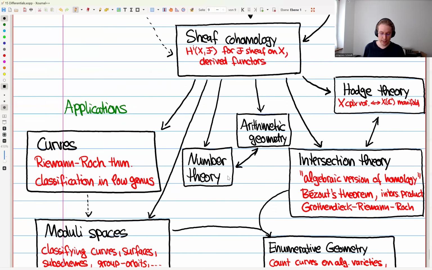And then there are other interesting directions, and I will just sketch a bit of this, which goes in the direction of my own research, maybe. If you are interested more in this differential geometry perspective, then you can consider learning a bit more about Hodge theory. There the idea is that if X is a variety over the complex numbers, and for example it's smooth, then its complex points form a complex manifold. And then you have this complex geometry and differential geometry to play around with.